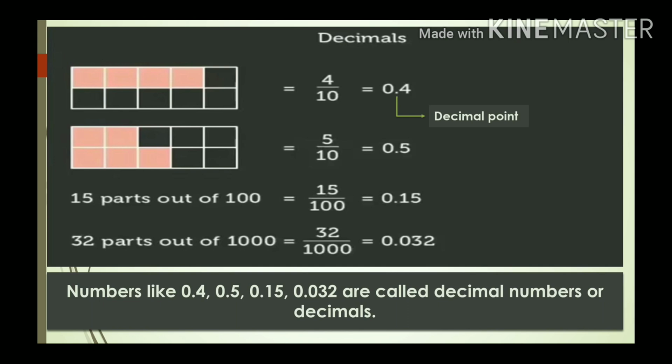These numbers like 0.4, 0.5, 0.15, 0.032 are called decimal numbers or decimals. And the point in a decimal number is called the decimal point.